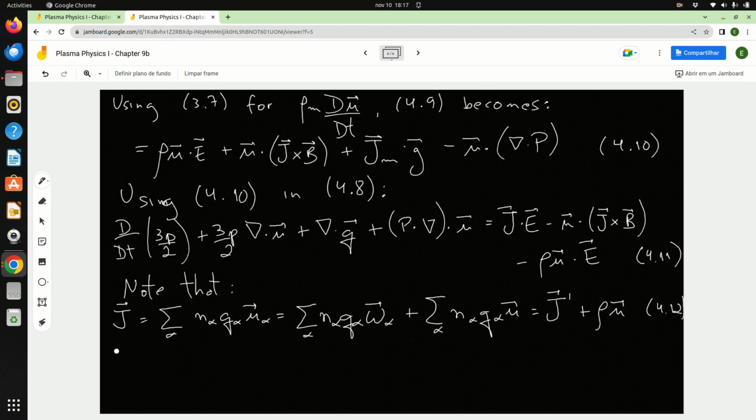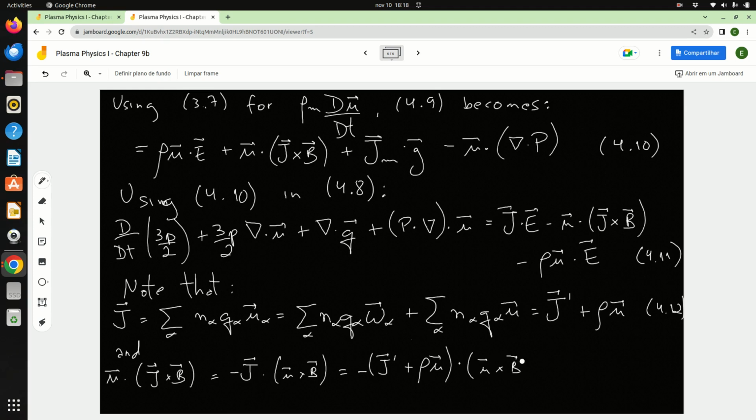And also, we can rewrite this term as minus J dot U cross B, which is, well, J, I can write using J prime, so it's minus J prime plus rho U dot U cross B. So sorry, I forgot to point out that this is J prime.